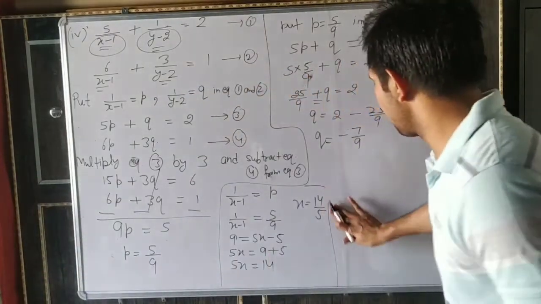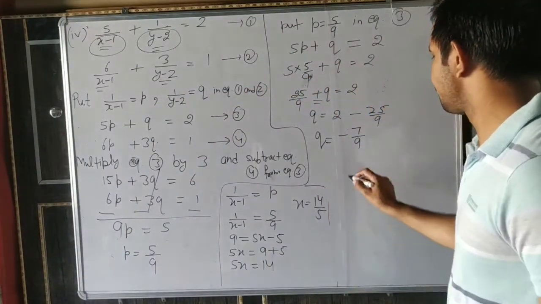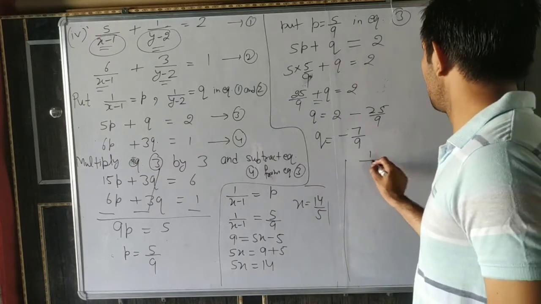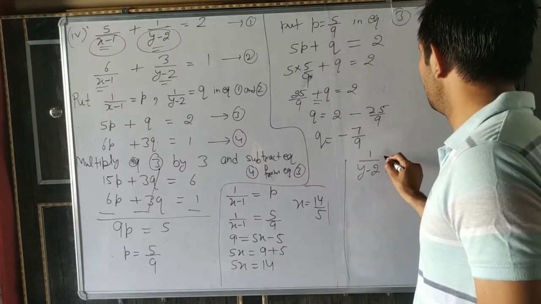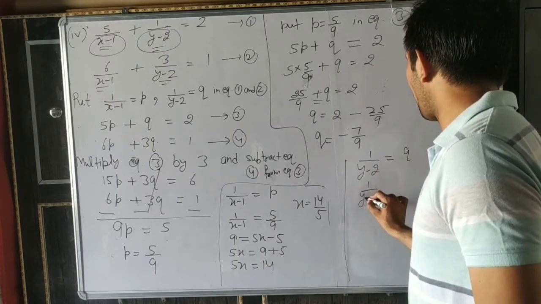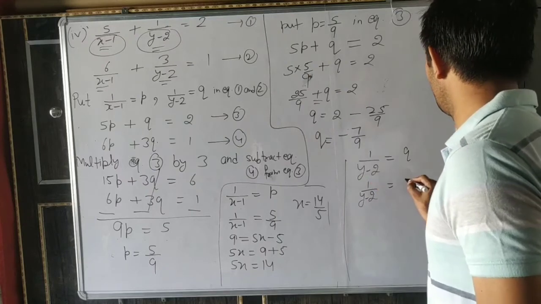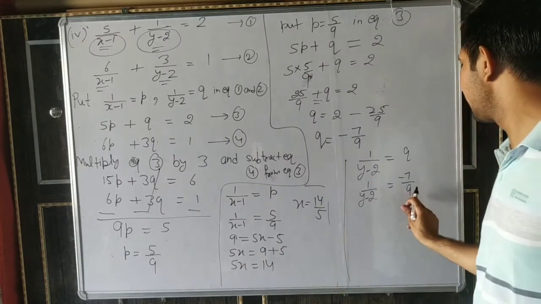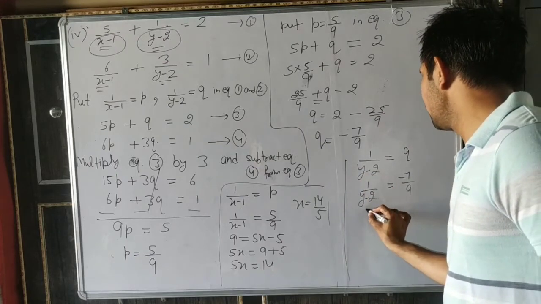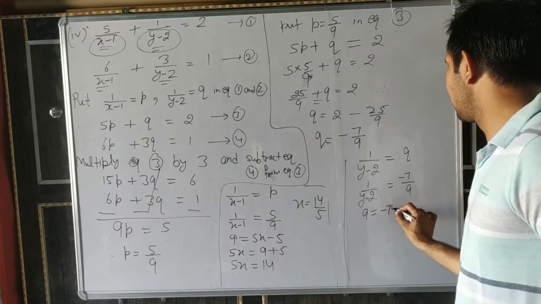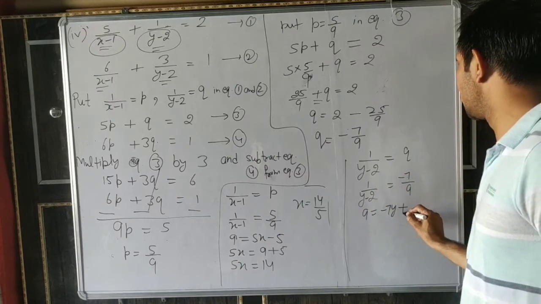Understand? Same as it is, we will find y. So 1 upon y minus 2 equal to q, and q is minus 7 upon 9. Again cross multiply: 9 into 1, 9, equal to minus 7 into y minus 2, which is minus 7y plus 14.